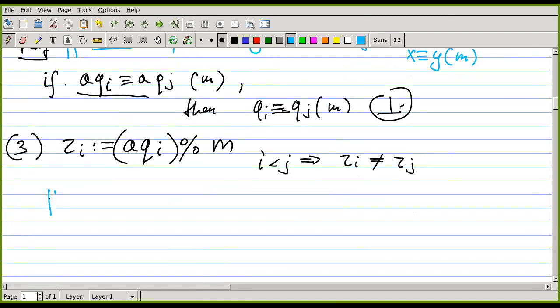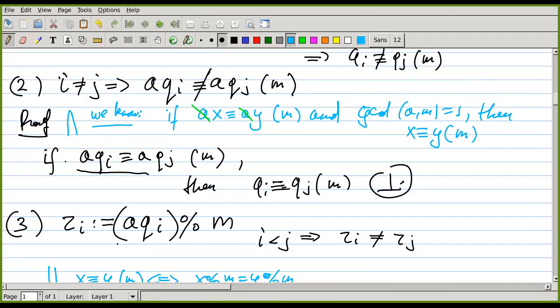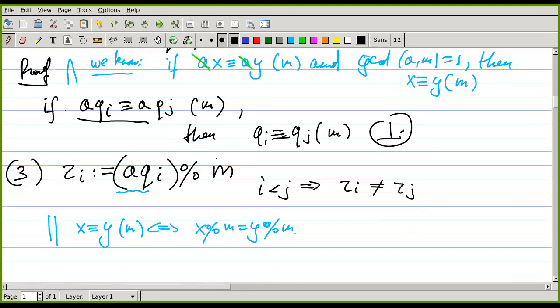You know that two numbers are congruent modulo m if and only if the remainders are the same. Is it clear? Yes. So these numbers are not congruent. Hence, the remainders are distinct. Is it clear?